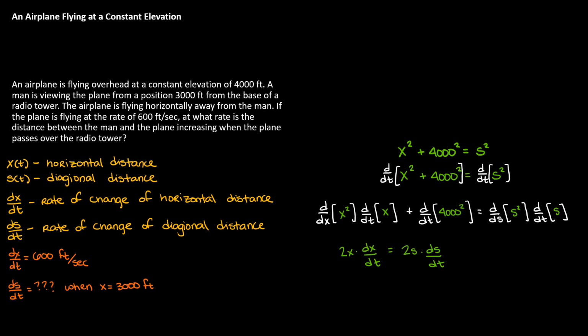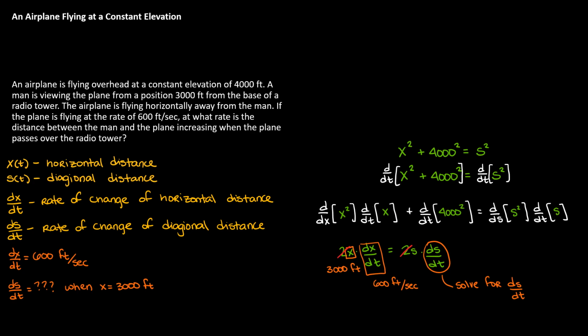Here we have 2x times dx/dt is equal to 2s times ds/dt. We're ready to plug in our given information, but we should first reduce any easily reducible factors. So there's a factor of 2 on both sides of the equation, so we can divide that off.